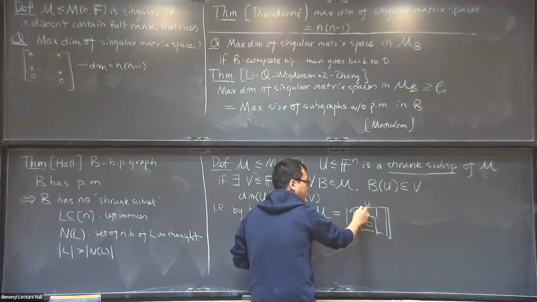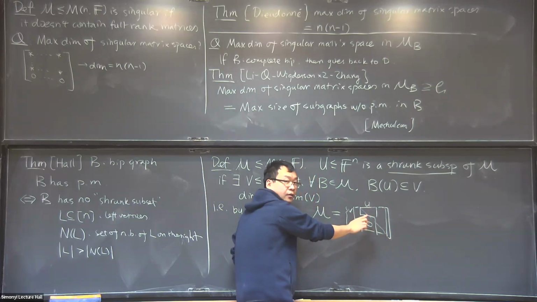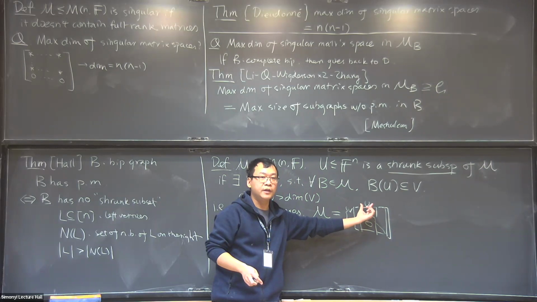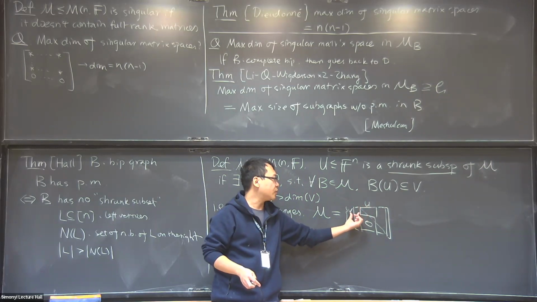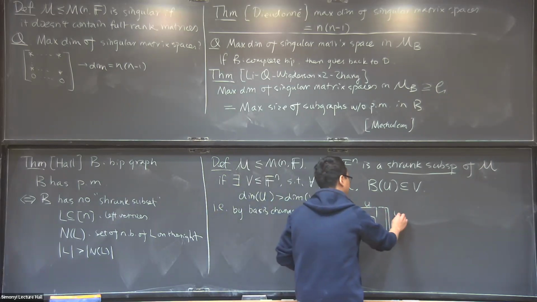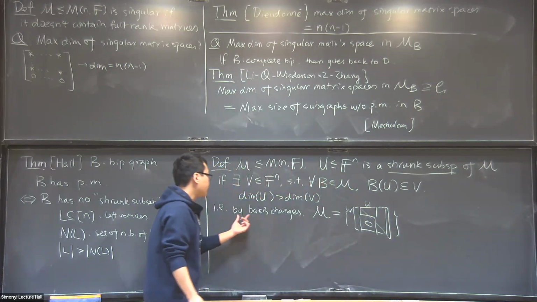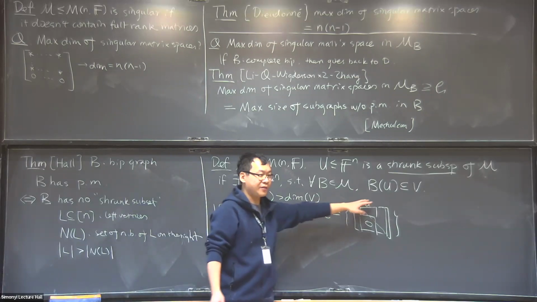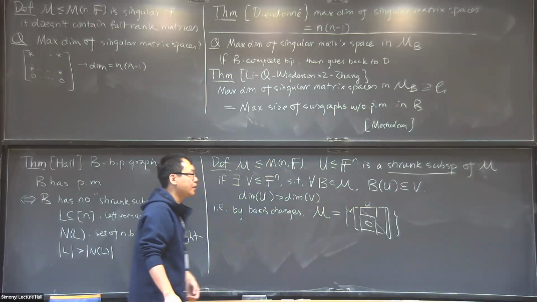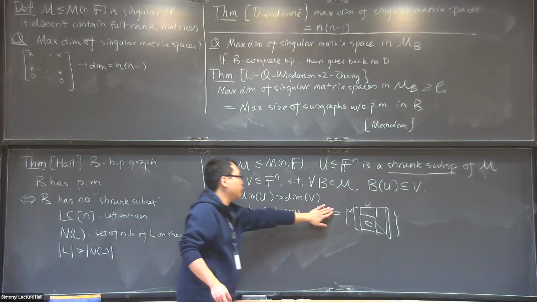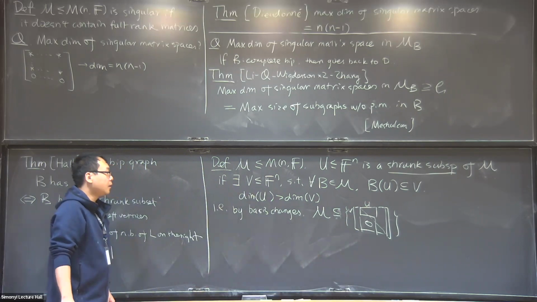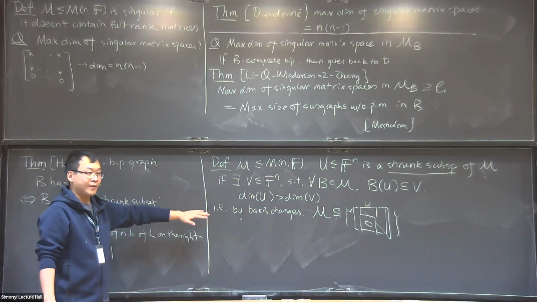This larger block of zeros will be invading into the diagonal, which is suggesting that this dimension U is somehow compressed or shrunk into this smaller dimension V. This is a shrunk subspace. But of course, it is by basis changes, because U may not be spanned by the first standard basis vectors. Okay, so this is a shrunk subspace, right?